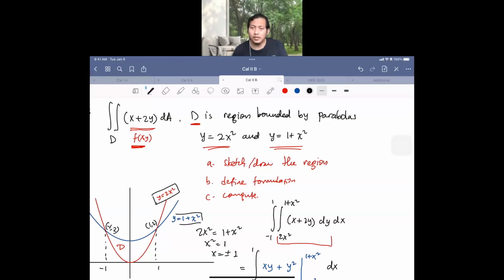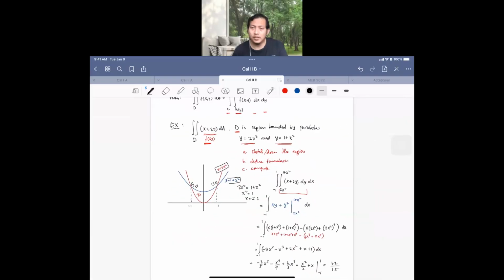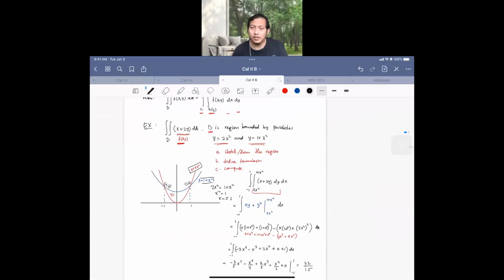First sketch the region to imagine how it looks, and then define the formula from there. You need to pick which functions you are going to use, function of x or function of y. After you put in the setup, then you can compute the integral. Let me go through the next page.